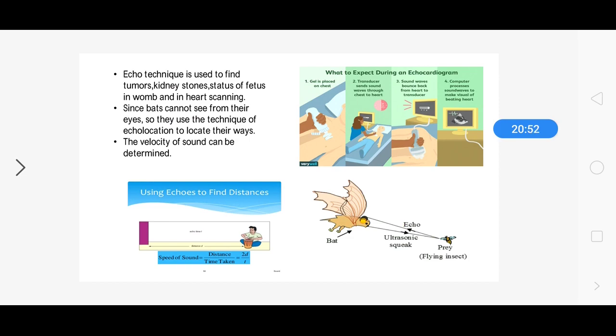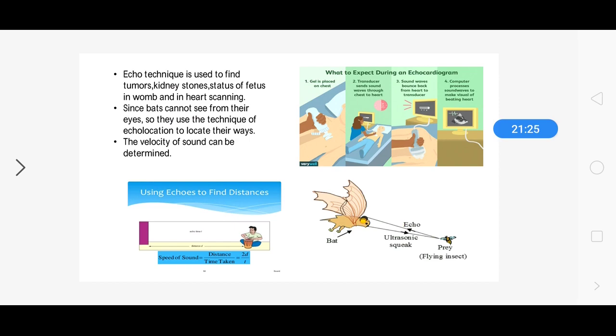Where the tumor is, the size of the kidney stone, the status of the fetus in the mother's womb, the functioning of the heart, and the functioning of other parts of the fetus can be estimated by the echo concept. So there are so many applications in the medical field for the echo concept.